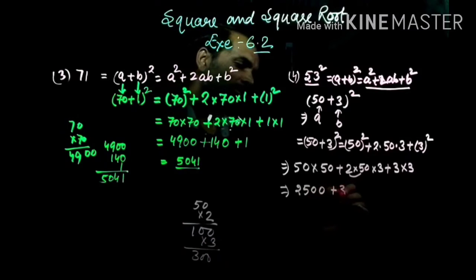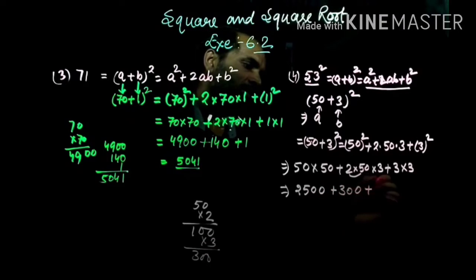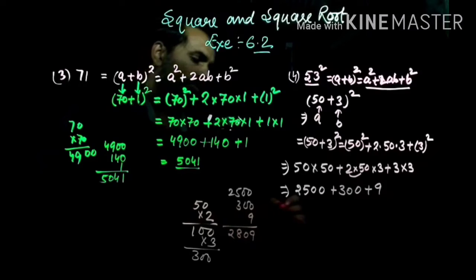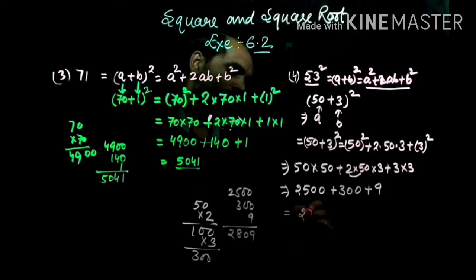Then 3 3s are 9. Add 2500 plus 300 plus 9. The answer is 2809.